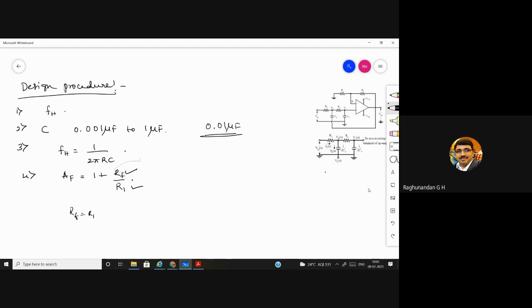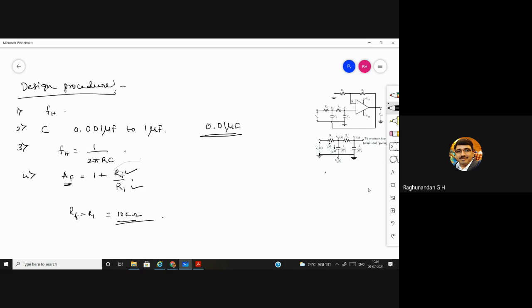Suppose they have not given you the gain value. During that time you have to assume things, and you need to choose some standard value, 10 kilo ohm.